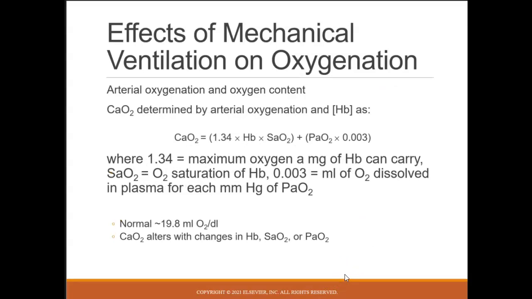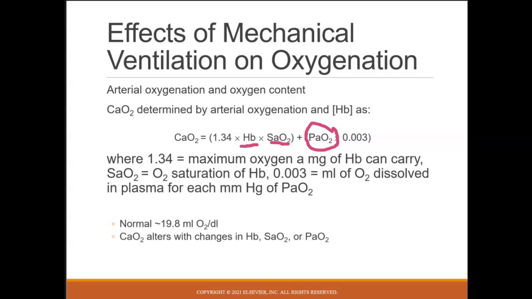Another fun reminder: these are your carrying contents. Once the oxygen gets into the blood, whatever got actually into the blood as PaO2, this equation talks about how much of it gets actually delivered to the tissues, which is mostly dependent on the amount of hemoglobin my patient has and how much of that is saturated with oxygen.